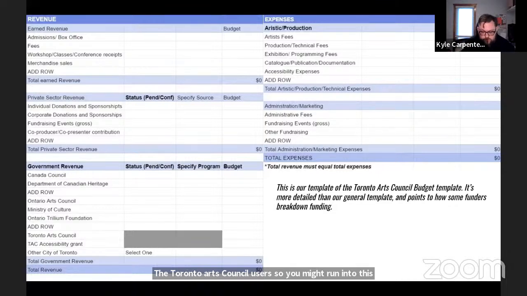I think what's really cool about this is it's the same basic structure, revenue and expenses, but they're really clear about what those expenses are. So you can see on the right, you've got the artistic production, which includes artist fees, production technical fees, exhibition programming fees, and then administration, marketing.